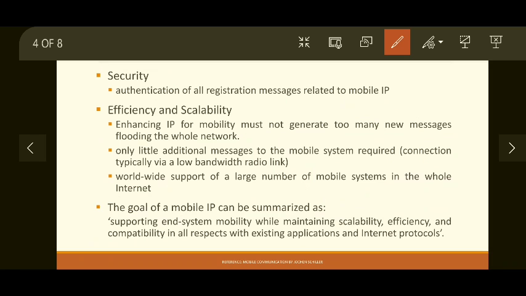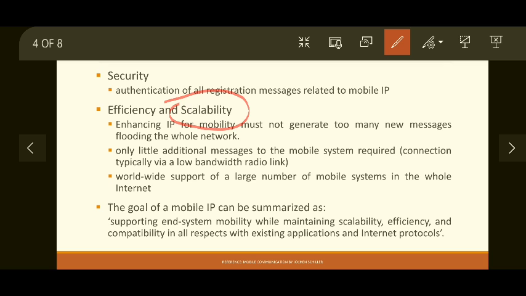One or two, a small number of messages to mobile systems, must be required, because obviously the bandwidth will be low for wireless media. And in terms of scalability, the users should be able to transit anywhere in the world.